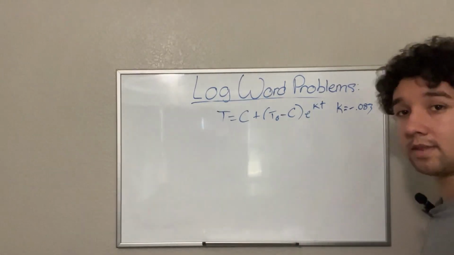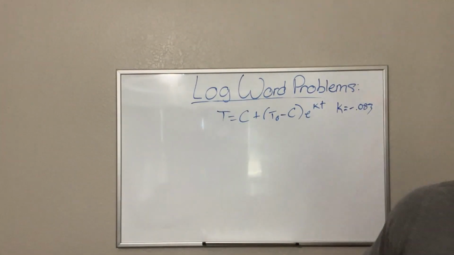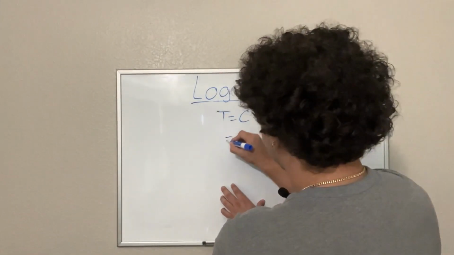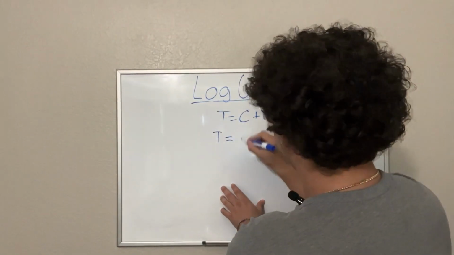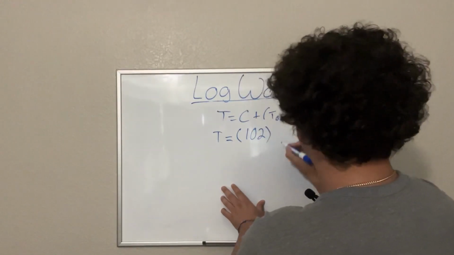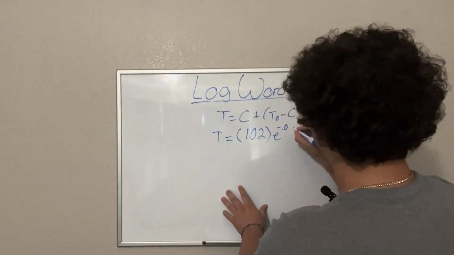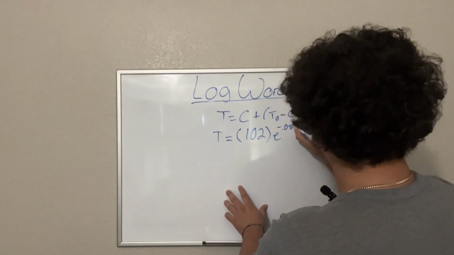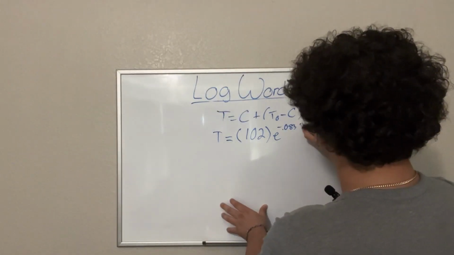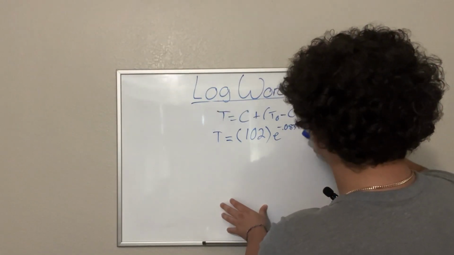what we're going to do is the same thing that we did last time, where I plug in all of my values, but this time I am solving for t. So again, t in this case is equal to, well, this was not provided, so 102 e. In this case, I know that my growth rate is negative 0.083, and then my t value here is going to be my 15 minutes, actually 13 this time.